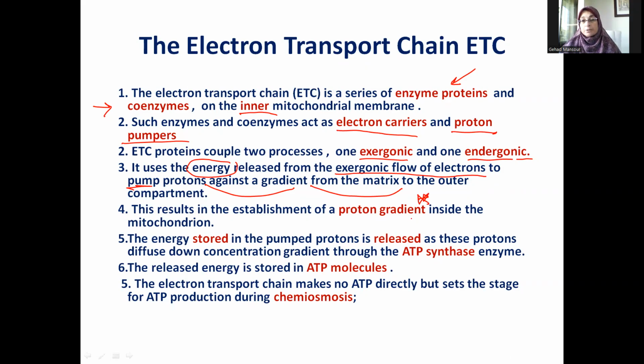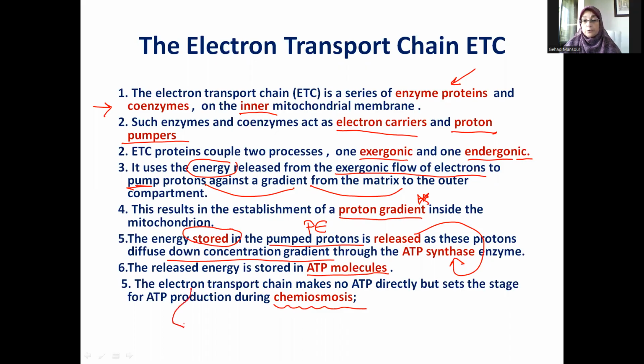Thus, we have established a proton gradient, and this energy will be stored in the pumped protons. So the pumped protons store potential chemical energy, and this will be released when they pass passively down concentration gradient by facilitated diffusion through the ATP synthase, and this energy will be stored in ATP molecules. So the process of diffusion of the protons down the ATP synthase is called chemiosmosis, as I said.